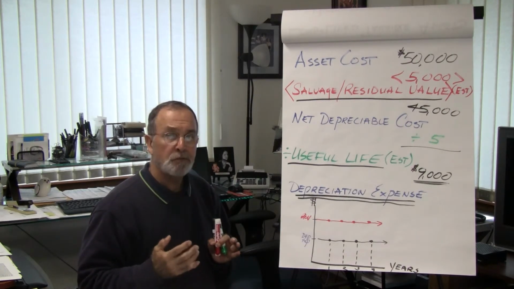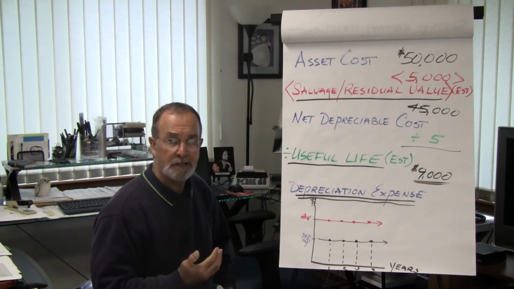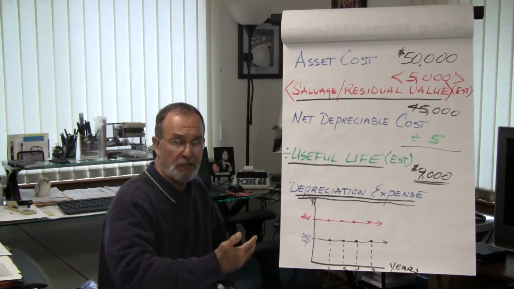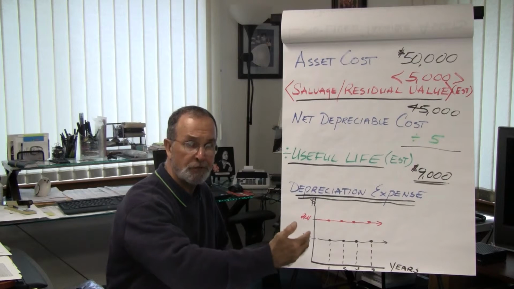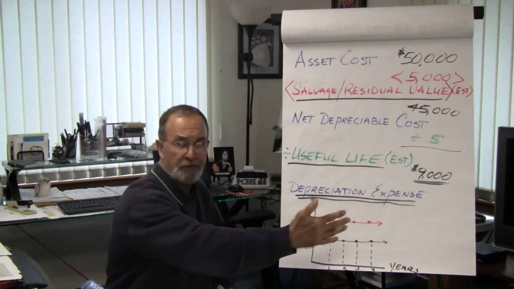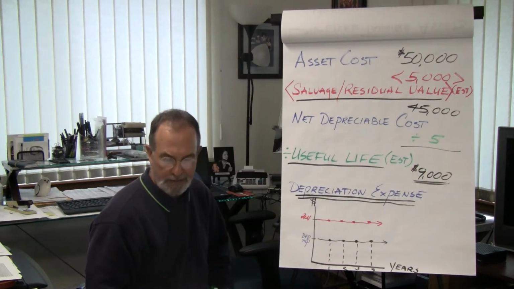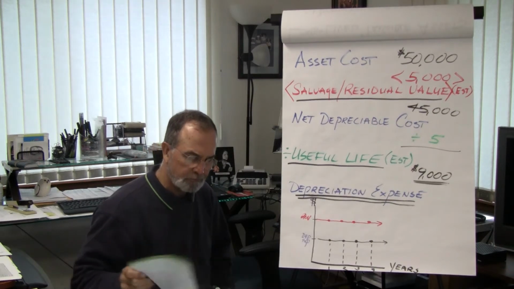Again, we want to match the cost of an asset with its expected revenue stream over the period of time that we own and are using that asset in our business.